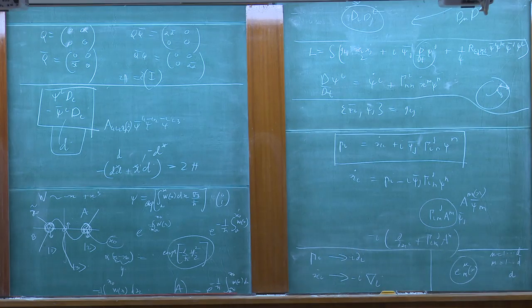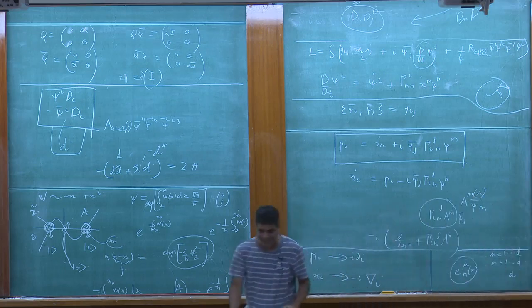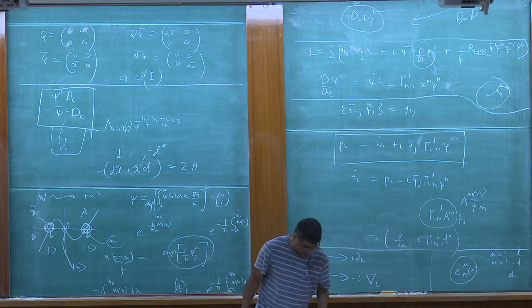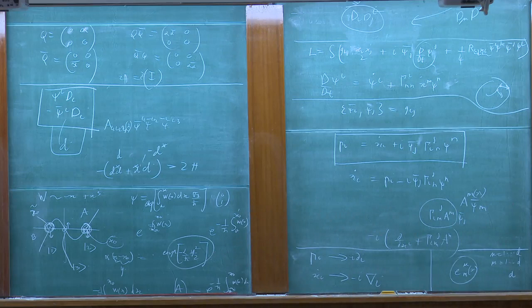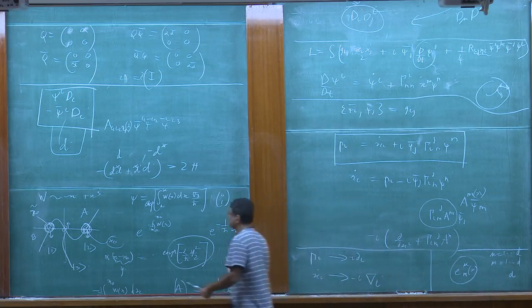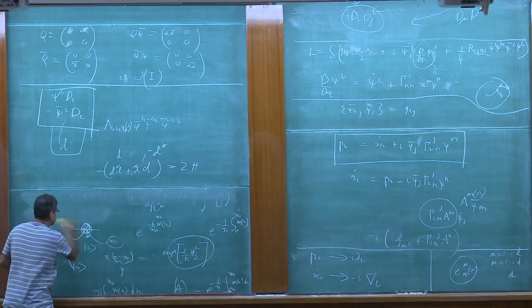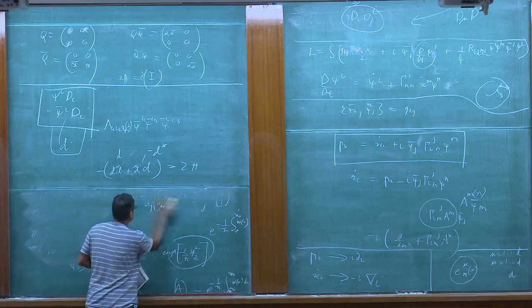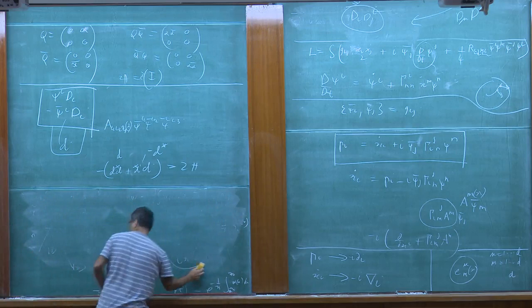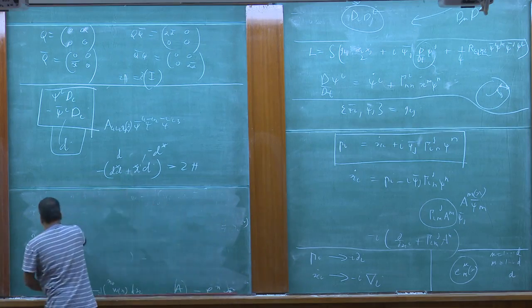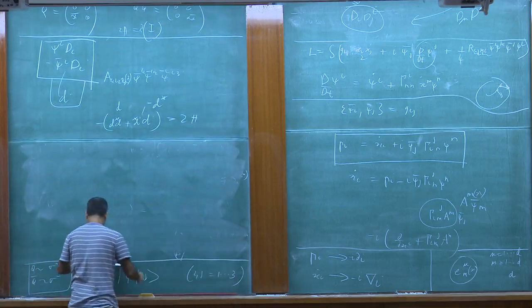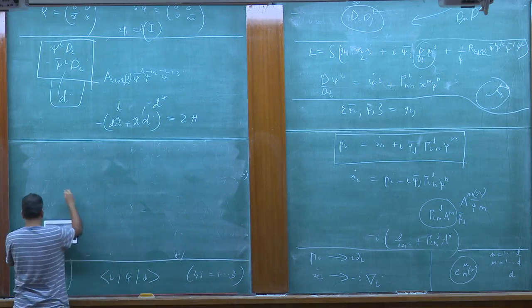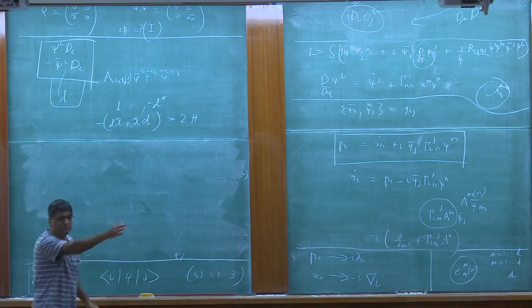In order to see that, let us note this supersymmetry transformation rule that we had. Now, when we were writing down the supersymmetry transformations, Shoaib objected.